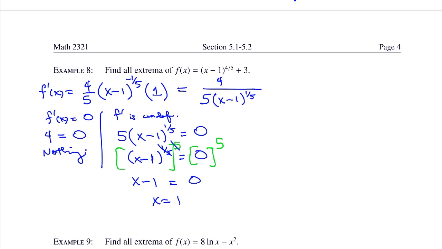And then 3 is 3. So it does work. So you can do (1 minus 1) to the 4/5 plus 3 is 0 to the 4/5 plus 3, which is 0 plus 3, which is 3. As long as all those calculations work out, then the 1 was in the domain. So this one is in the domain, and it is a critical value.